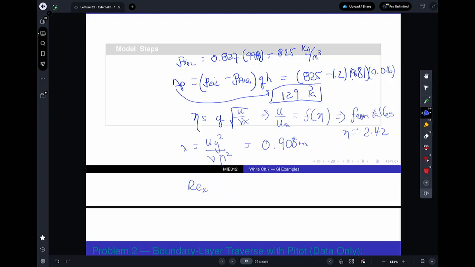And this is where it gets a little bit difficult. 1.2 times 10 to the 6, which is kind of borderline plausible if smooth. It's likely, in this case, to be turbulent.